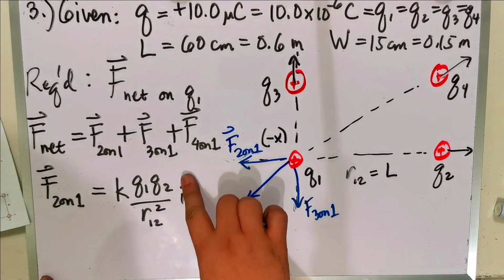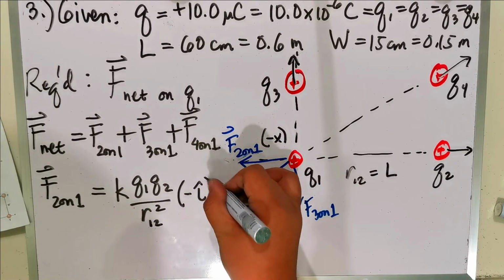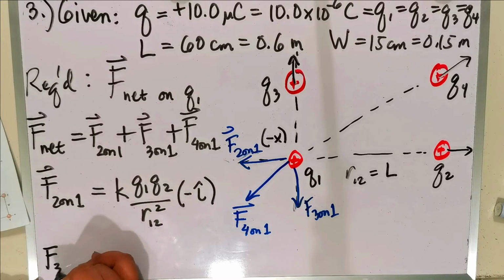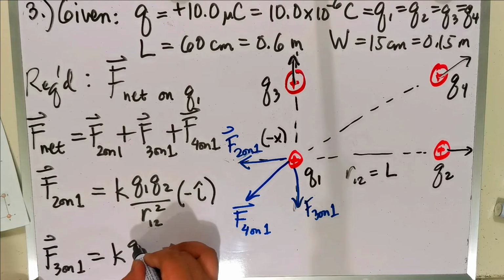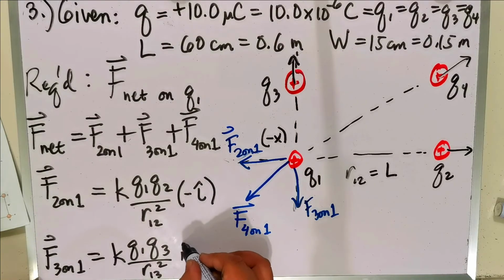Meaning to say, our R hat here should already be negative I hat. Okay? And then for F3 on 1, this is now equal to k Q1 Q3 over R13 squared, times R13 hat.